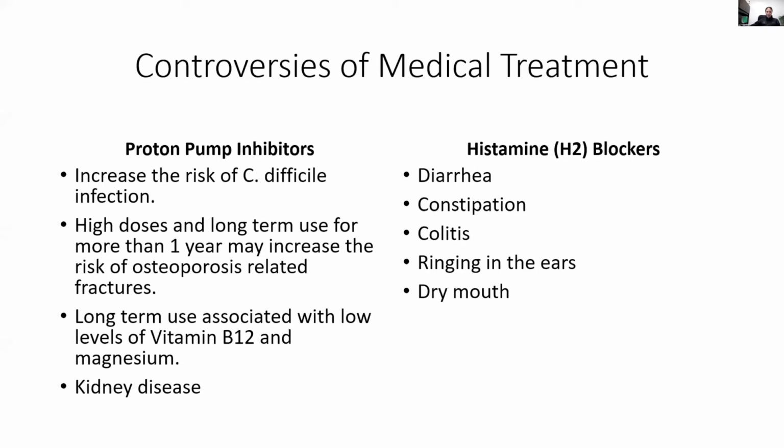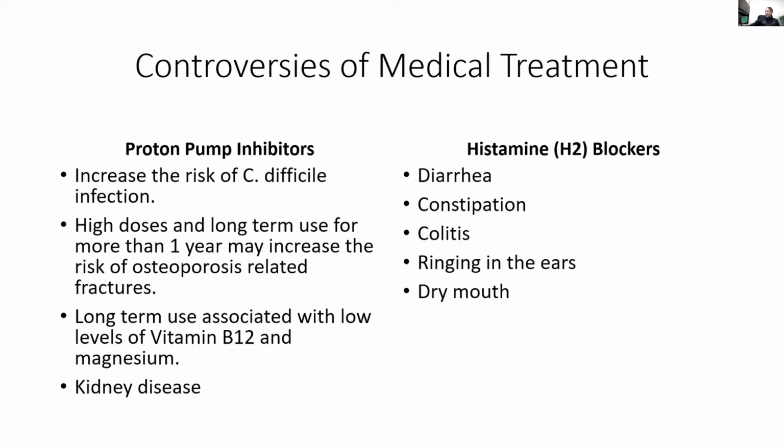I'll start first with the proton pump inhibitors. There definitely has been shown to be an increase in the risk of C. difficile infection, which would lead to diarrhea. High doses and long-term use for more than a year can increase the risk of osteoporosis-related fractures. It's also been associated with low levels of vitamin B12 and magnesium, and chronic kidney disease.